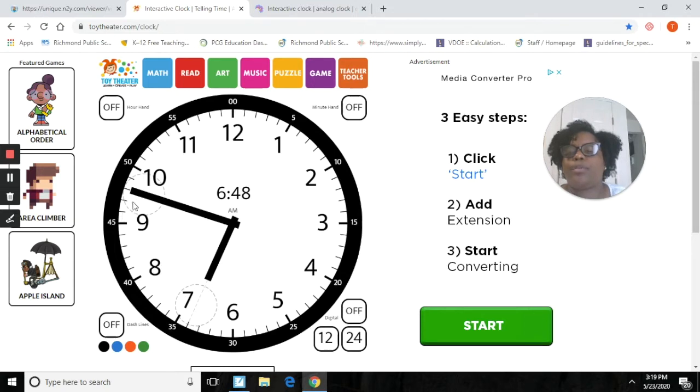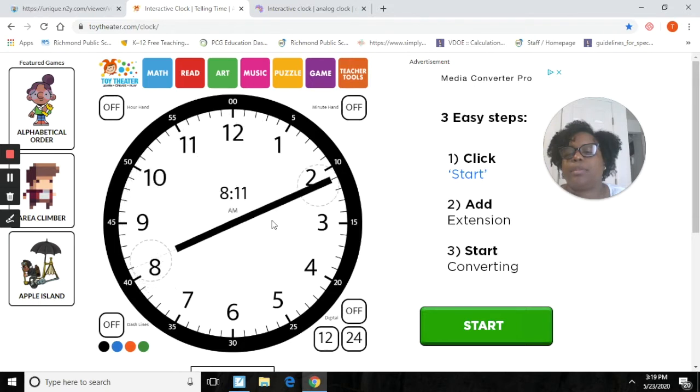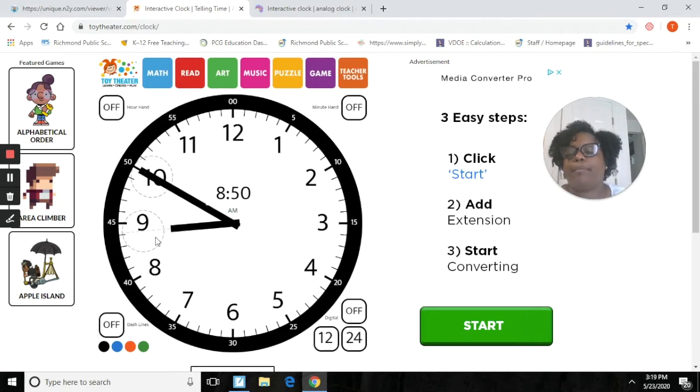Now, if we go to our other clock, okay, here we go. Now we want to tell time to the nearest 5 minute. So what we're going to do is start with the 0, and we're going to go 5, 10, 15, 20, 25, 30, 35, 40, 45, 50.